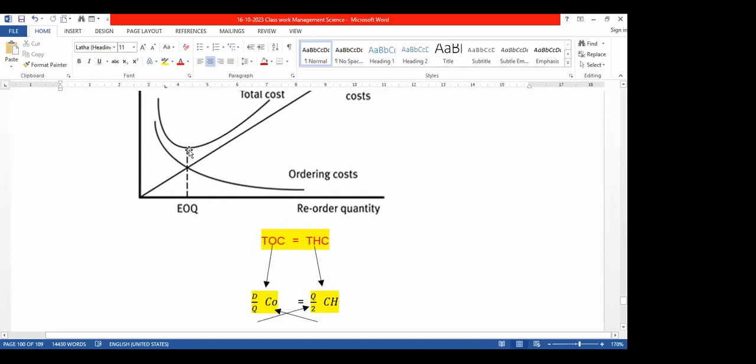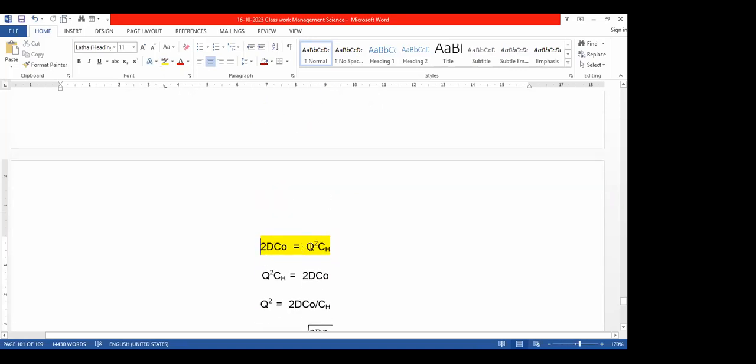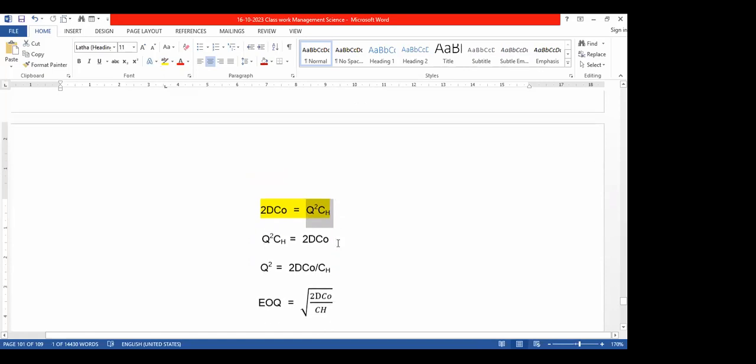That is our understanding. So I just cross multiply these two, then you see 2DCO is equal to Q square CH. Now we have to find the Q. So changing the portion, Q square CH is equal to DCO.